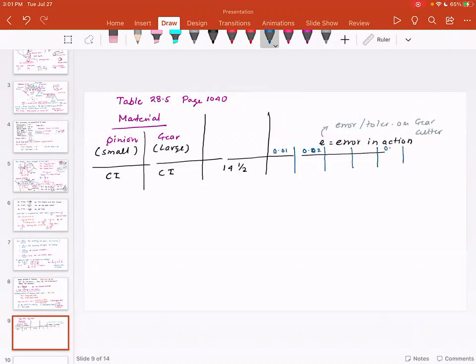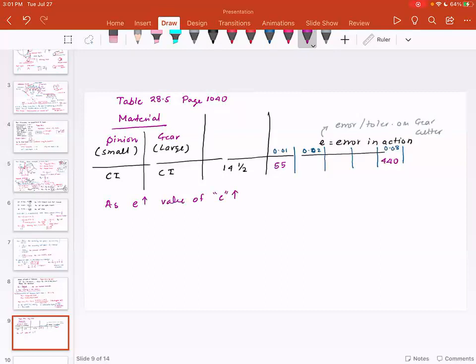For different values of tolerances or errors, you have different values of C. Now, you can notice as error in action increases, this is an important observation, as E increases, the value of C increases.